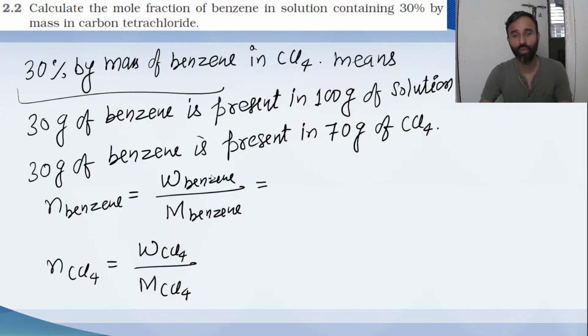So see, weight of benzene is given to you, that is 30, but molar mass of benzene and CCl4 is not given. So first we have to calculate molar mass of benzene and CCl4.